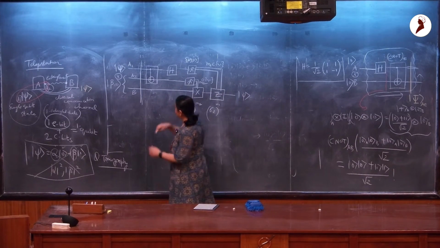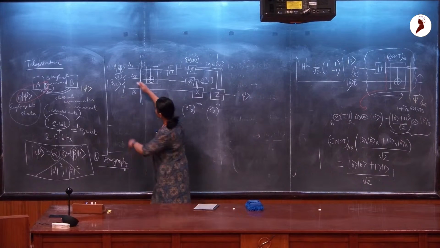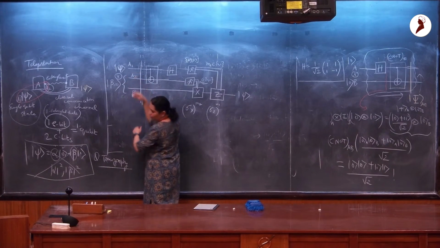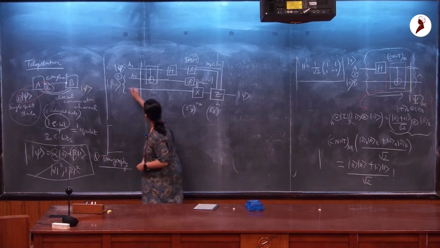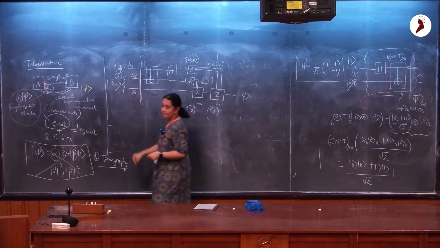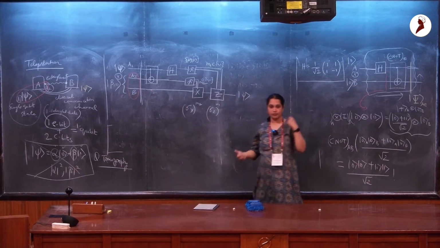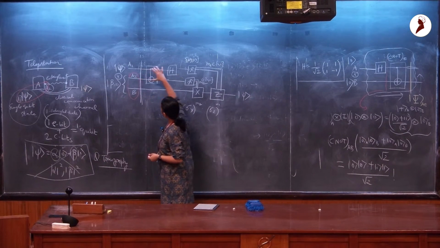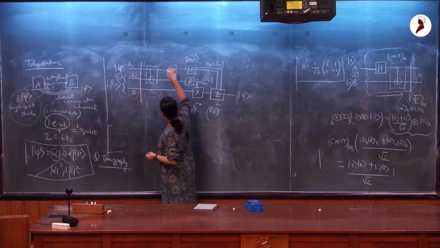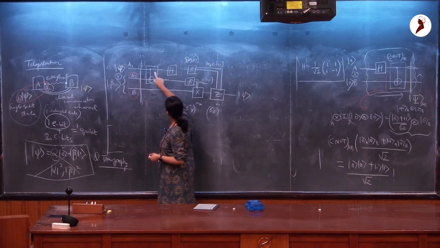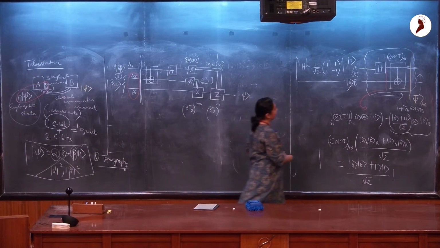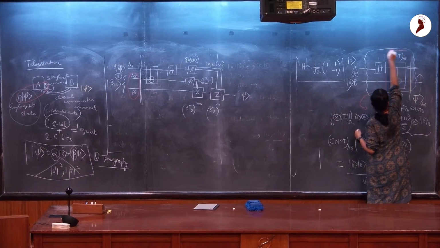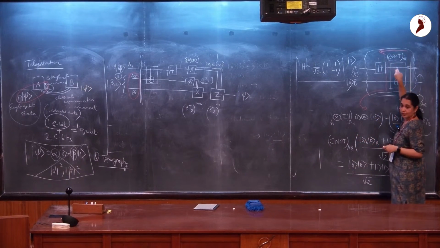But what is happening? Remember, initially the entanglement was between these 2 qubits, right? This was the entangled pair. What A has done by doing this, and if you think about what these 2 operations are, they're exactly the reverse of these 2 operations.